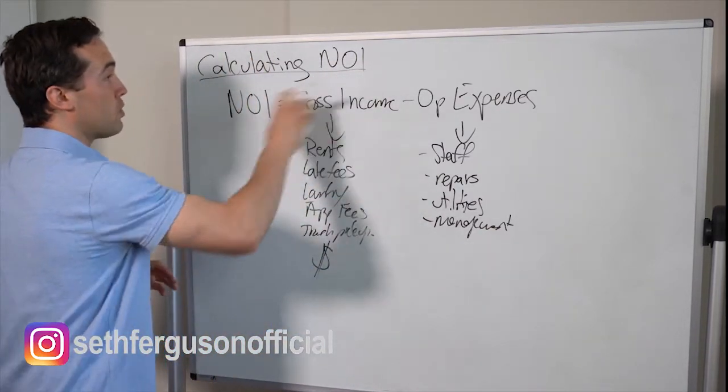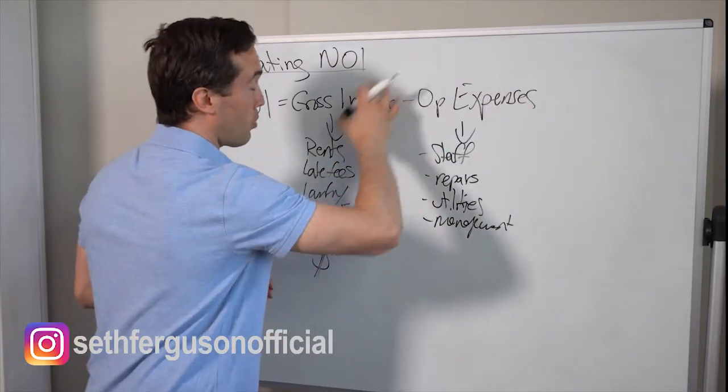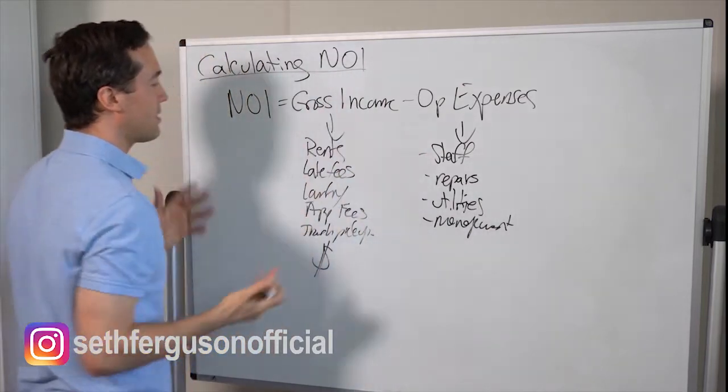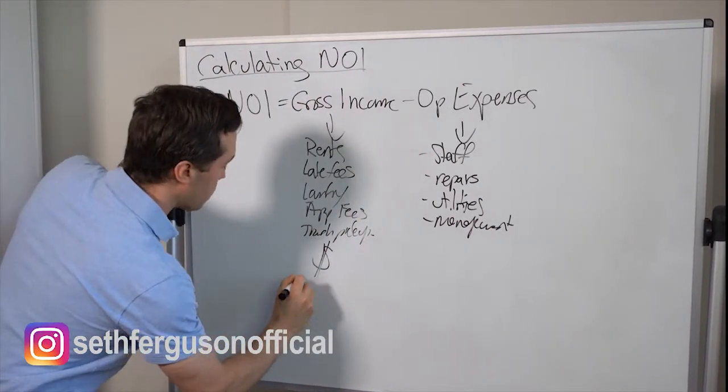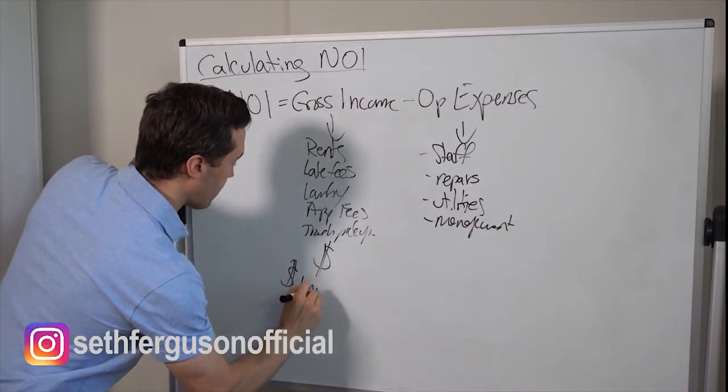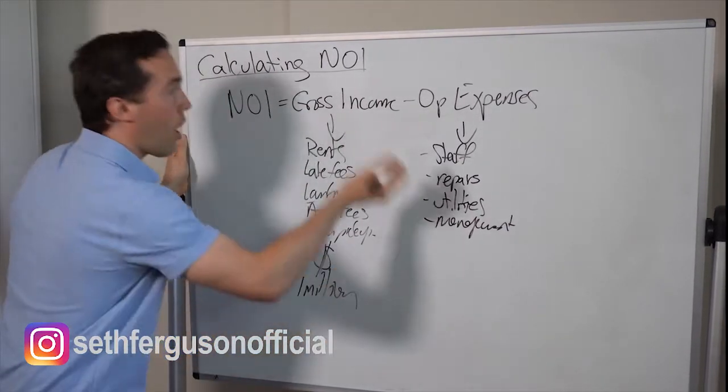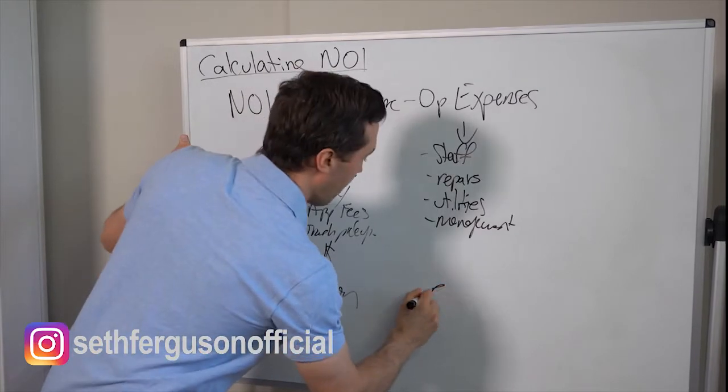So we take our gross income, and we subtract our operating expenses. An example would be, let's say we have a property where the gross income is $1 million, and our operating expenses are $500,000.